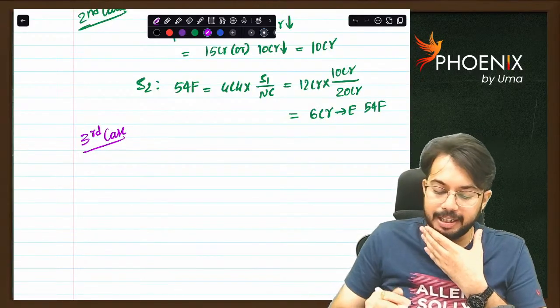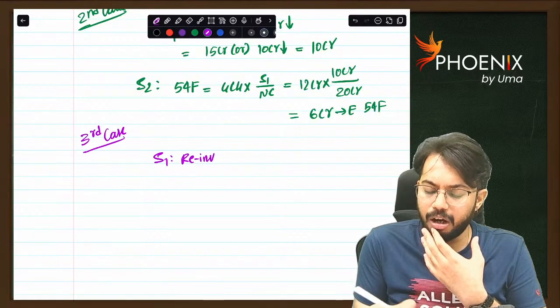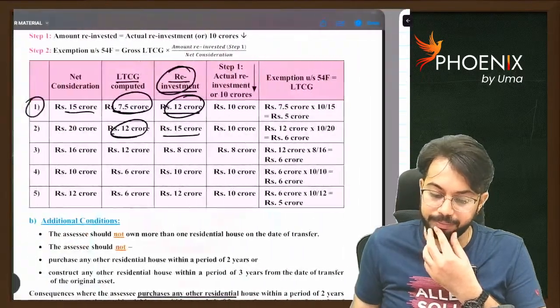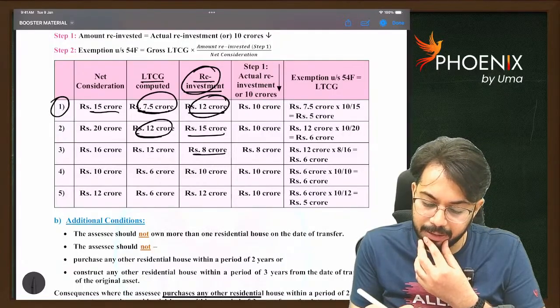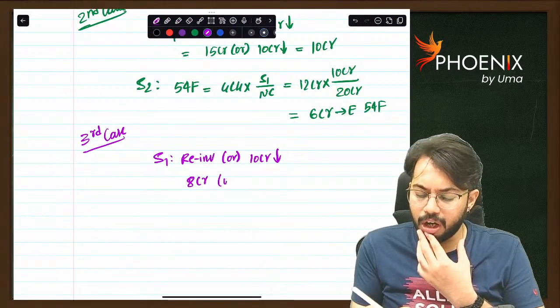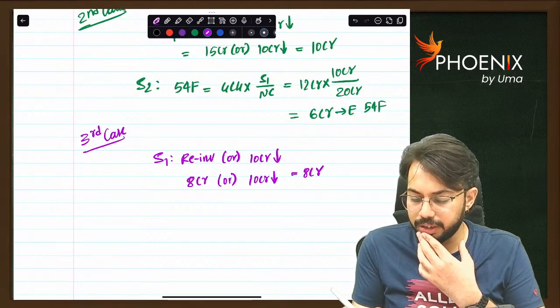Shall we do the third case? Again, step 1, reinvestment or 10 crores, whichever is lower. How much is reinvestment? 8 crores. 8 crores or 10 crores, whichever is lower, means 8 crores.